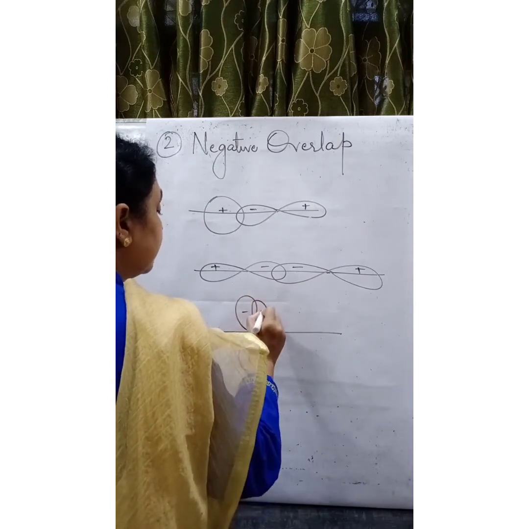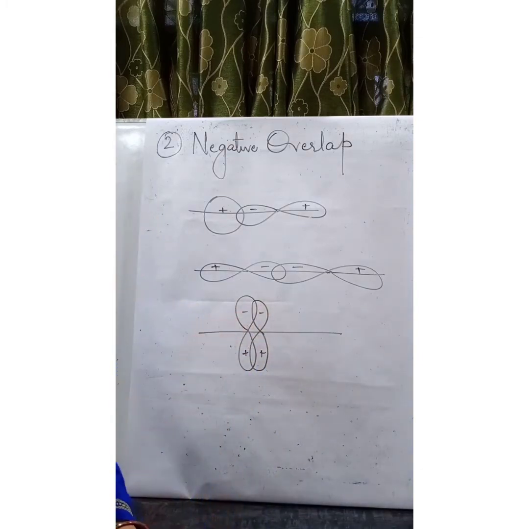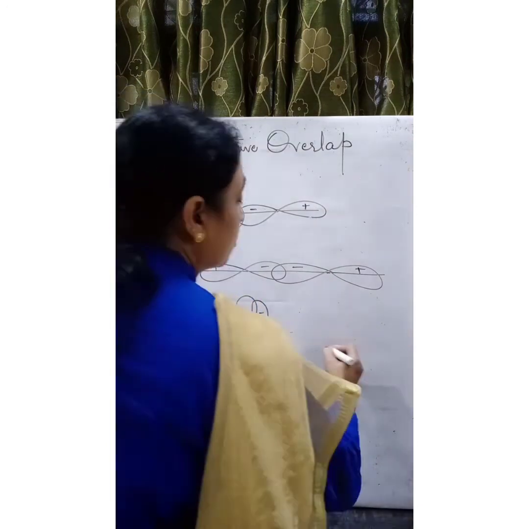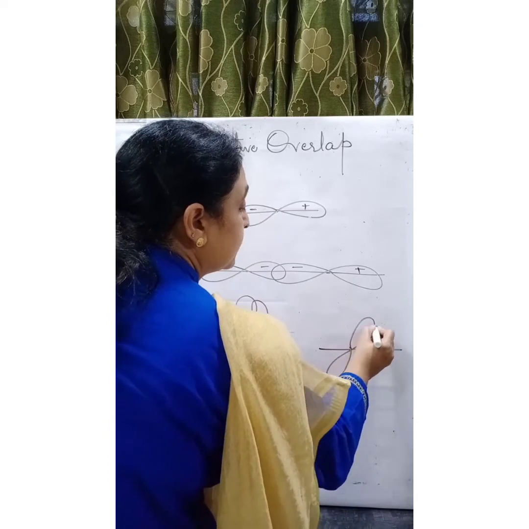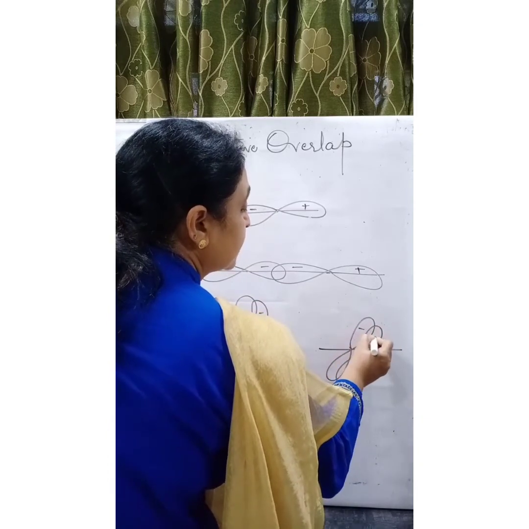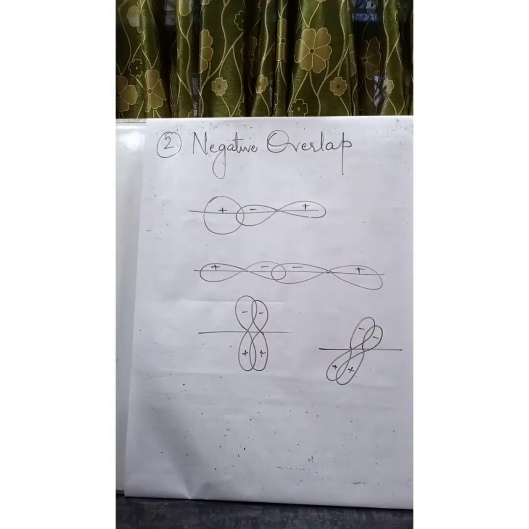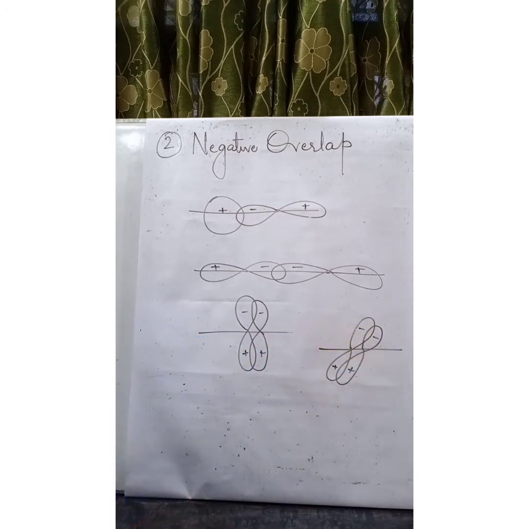The negative lobes overlap, then we have negative overlap. You may have one more example where the orientations of the orbitals are in different directions. The overlapping takes place in such a way that the negative lobes of the orbitals overlap each other. So this is negative overlap.